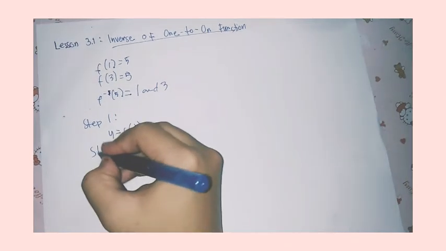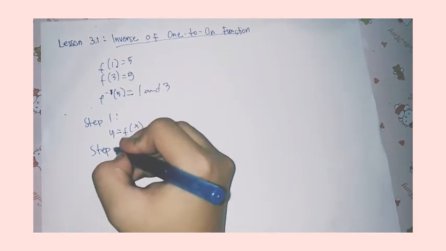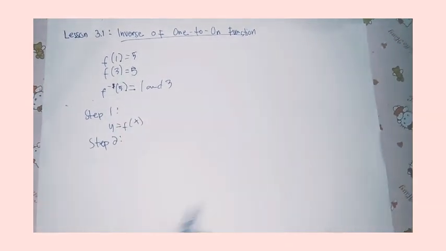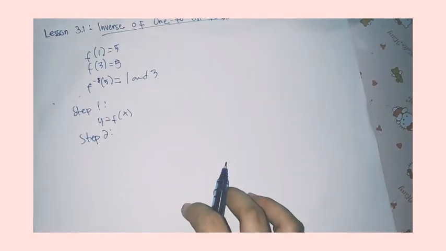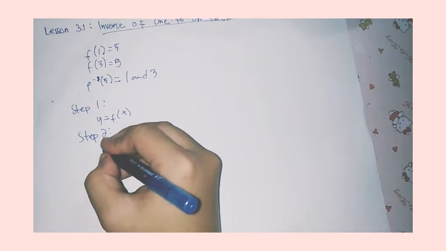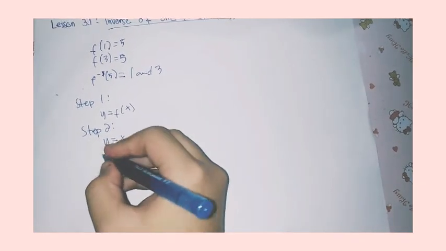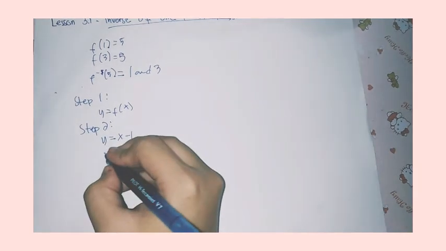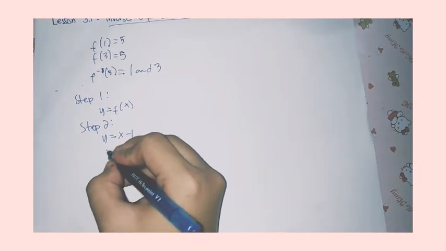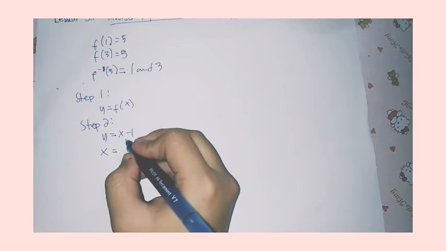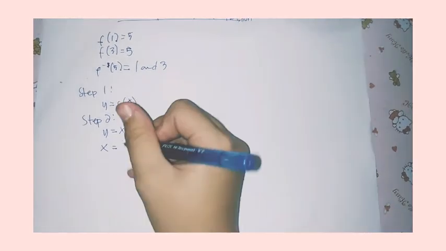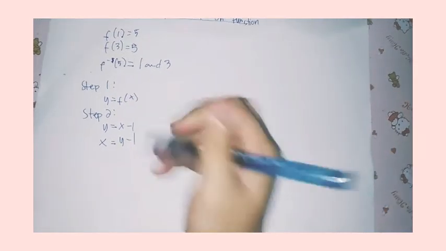Then step 2: interchange the x and y variables. Example, y is equal to x minus 1. Then our y is changed to x, and our x becomes y minus 1.